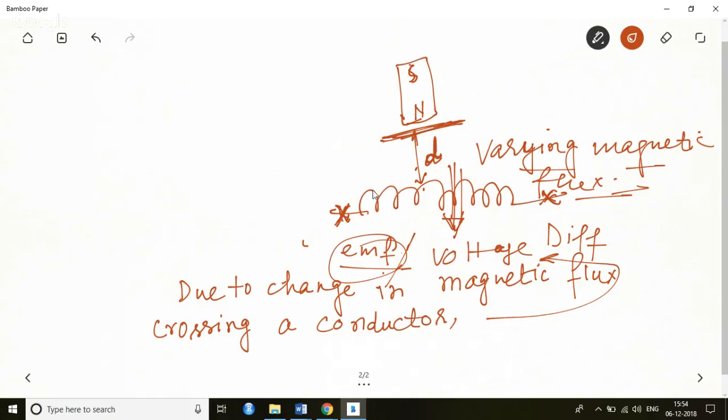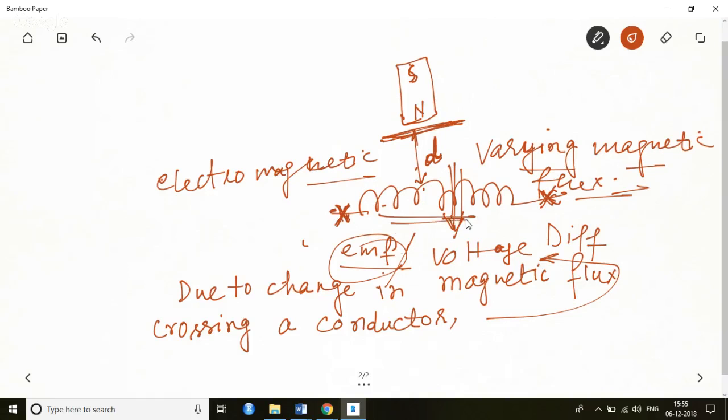So this kind of EMF, which is induced due to change in magnetic flux, is known as electromagnetic induction.